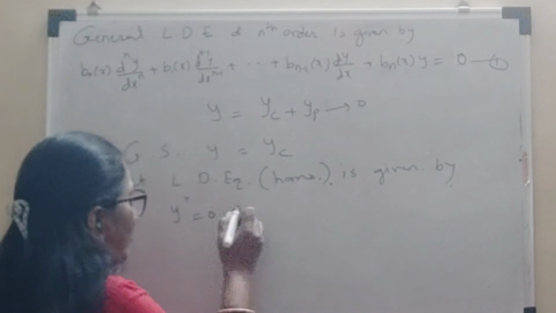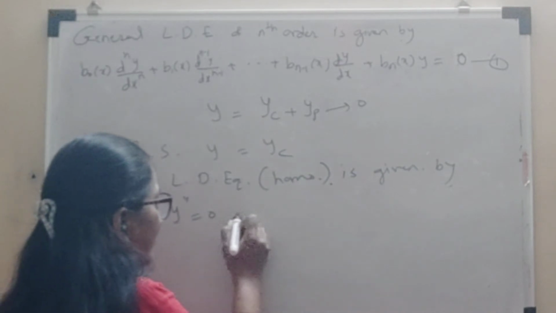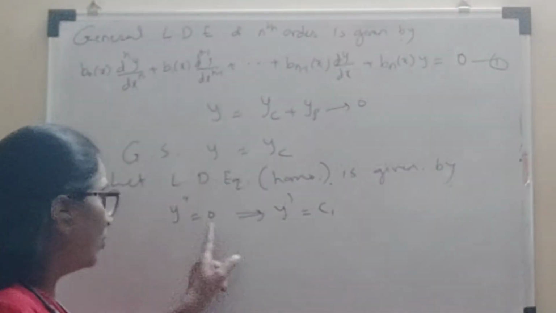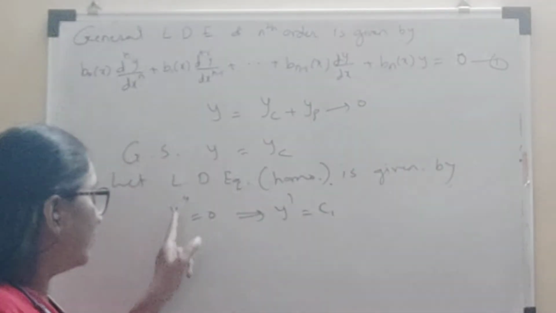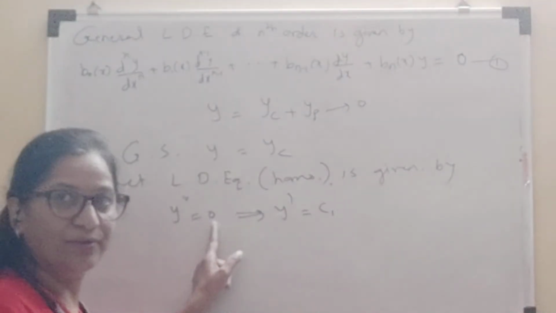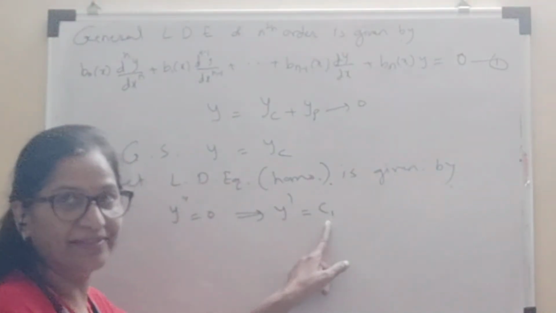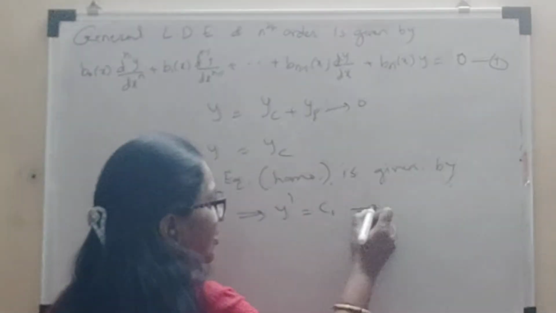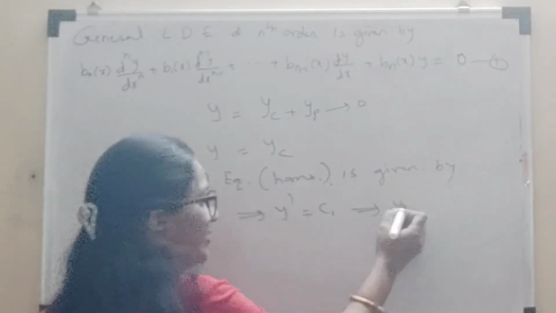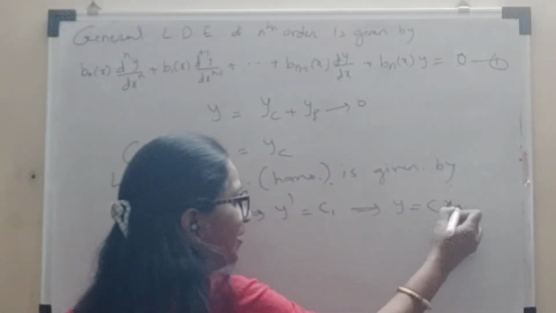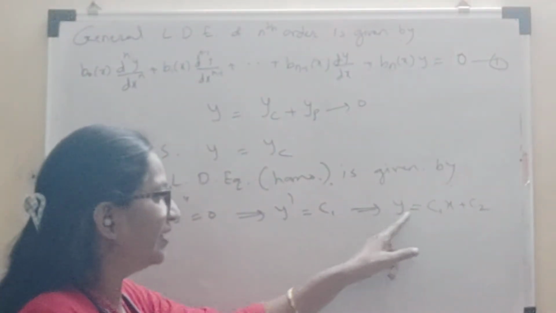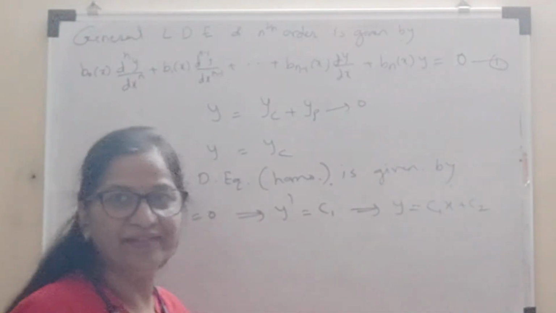When y double dash equals 0, it means y dash = c1. Integrating on both sides, the integration of y double dash is y dash and the integration of 0 is 0 plus a constant of integration, which is c1. Integrating again, the integration of y dash is y and the integration of c1 is c1x plus a constant of integration, say c2. So the solution is y = c1x + c2.